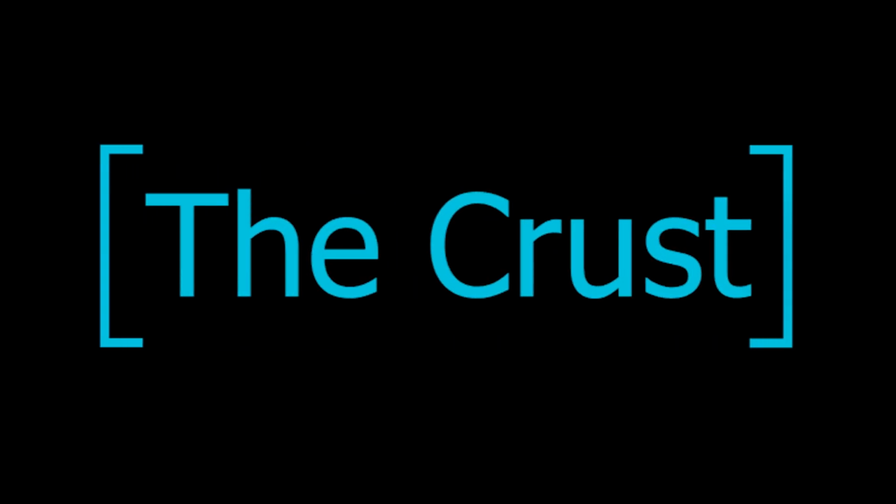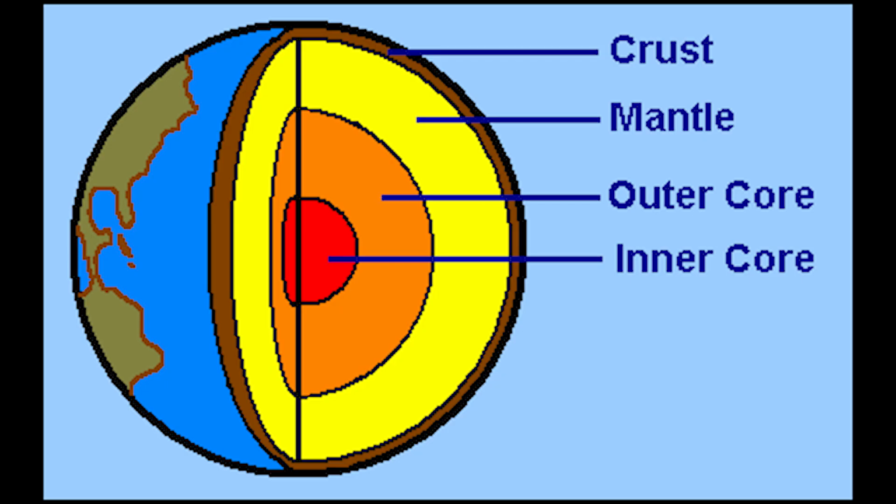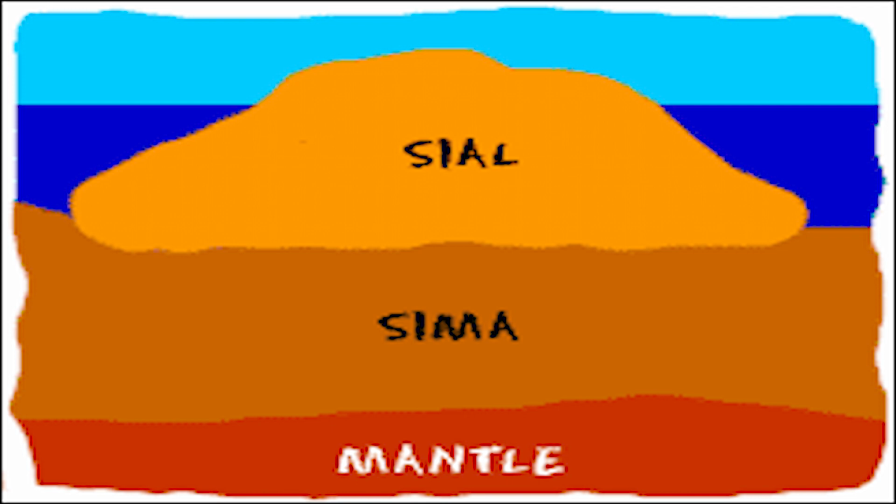The crust. This is the uneven outer layer of the earth where we live. It is thinner than all the other layers and most solid. The crust is about 6 to 12 kilometers thick in the ocean floor where it is called oceanic crust.